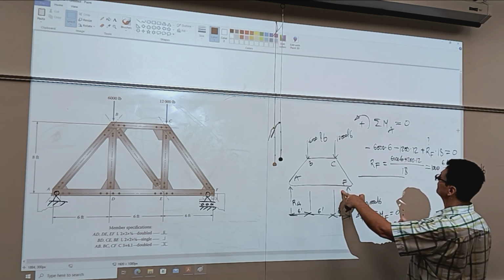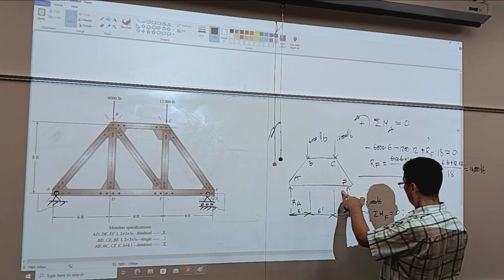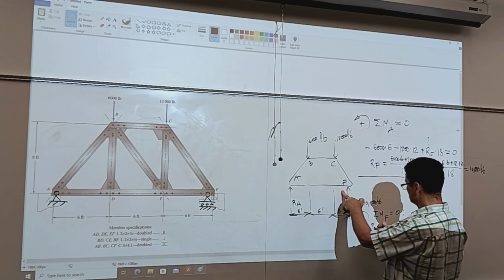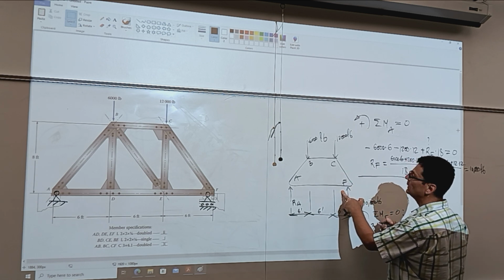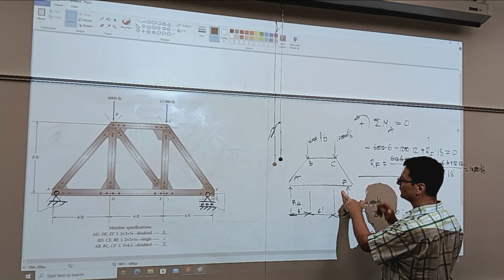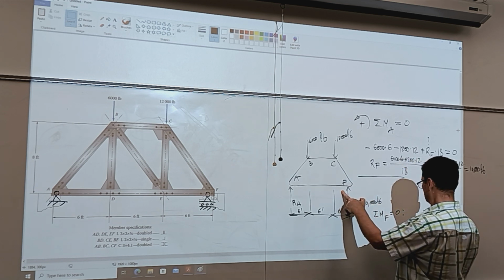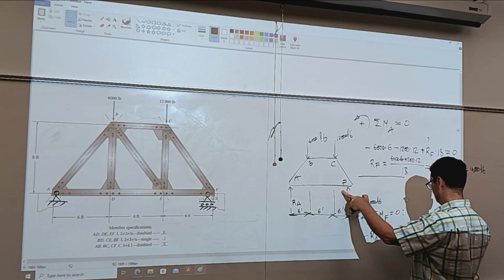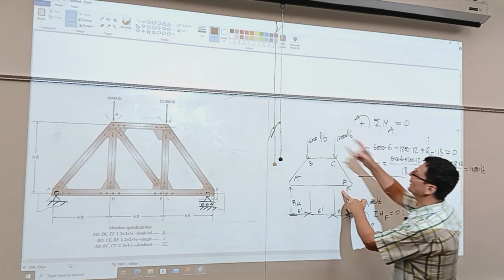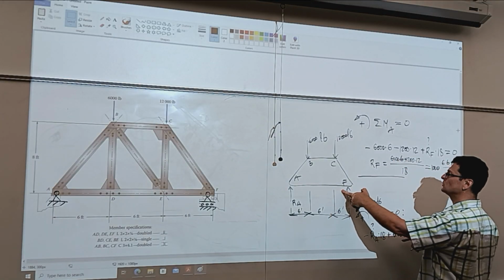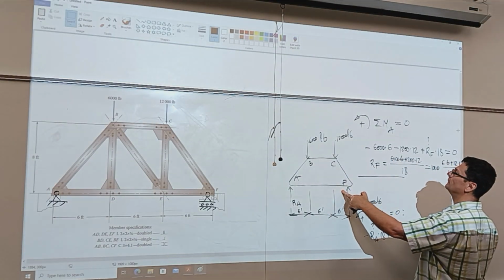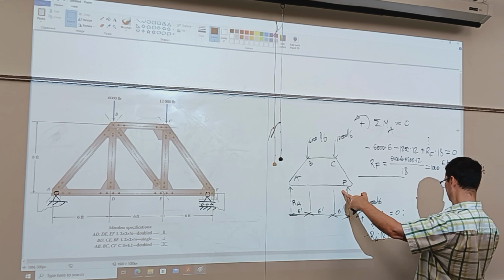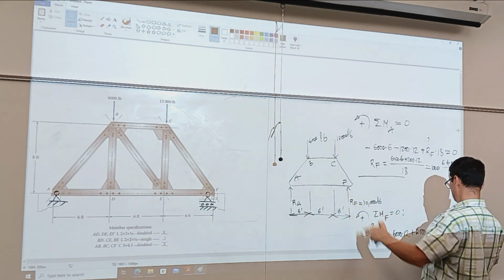So we have RA, the unknown in this equation, times 18, and that will be a negative. And then I have positive 6,000 times 12, and then likewise positive 12,000 times 6 equals 0.